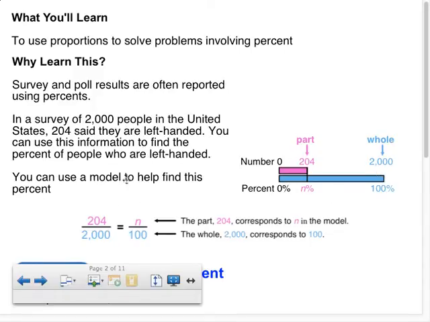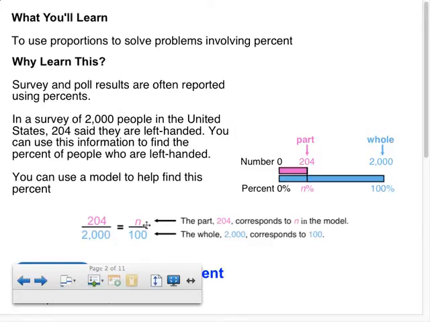Now, if you take a look, we can set up a proportion. So this really fits well with our warm-up. Do you see that we have 204 out of 2,000, right? And we don't know what percent 204 is out of 2,000. So we put n in the numerator, and we're trying to figure out that percent. And what does percent mean? Do you guys remember what percent means?